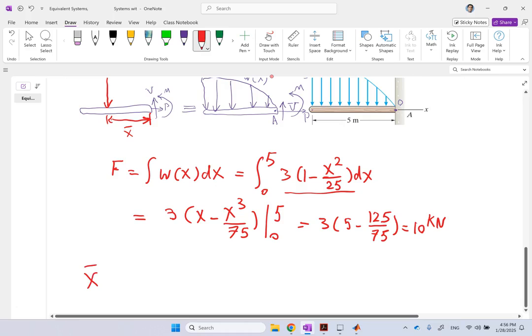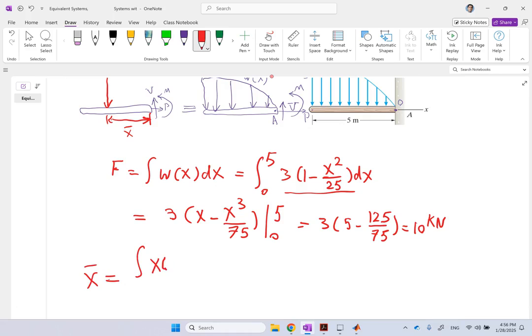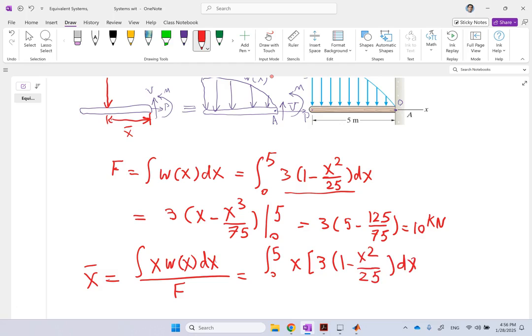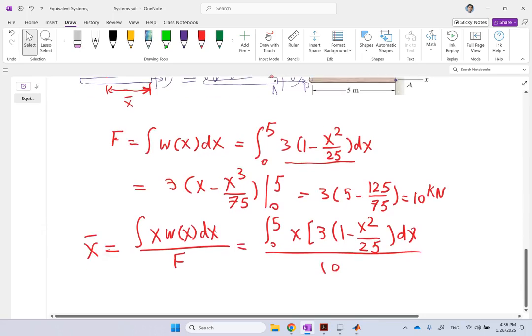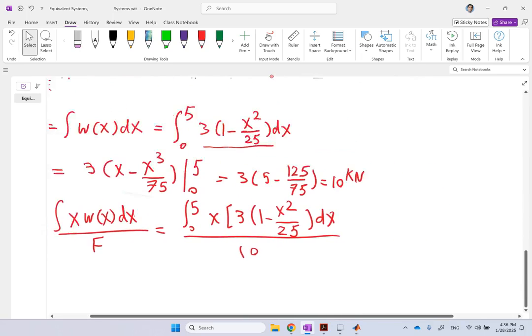So you say x bar equals the integral of x w(x) dx over the entire F. So this is going to be the integral from 0 to 5 of x times 3 times (1 minus x squared over 25) dx, over 10. Again, I bet everybody can do this one as well.